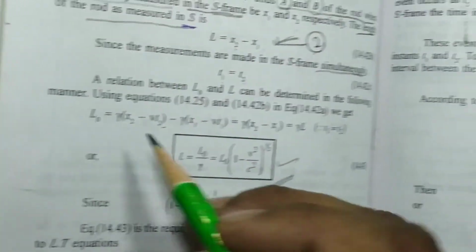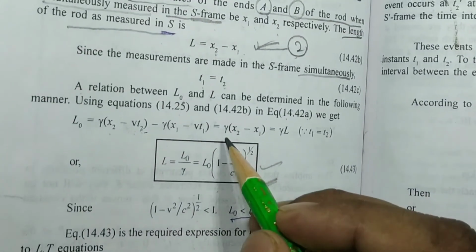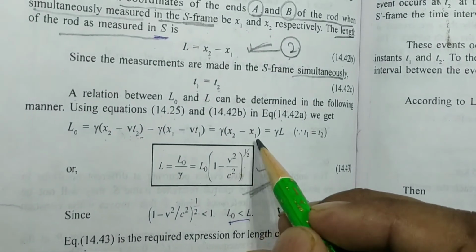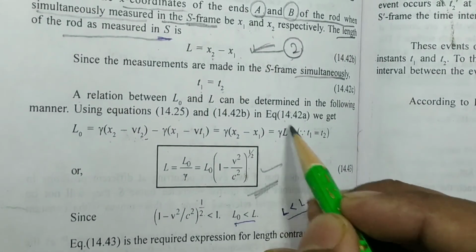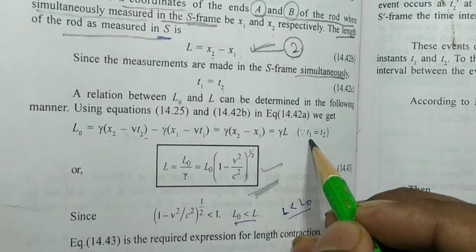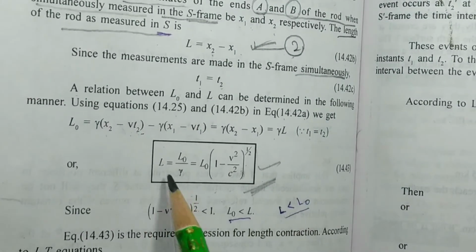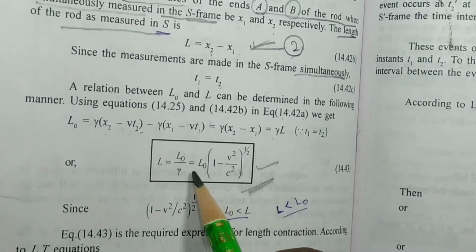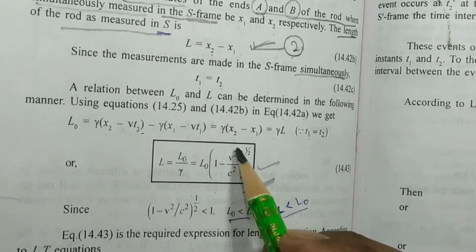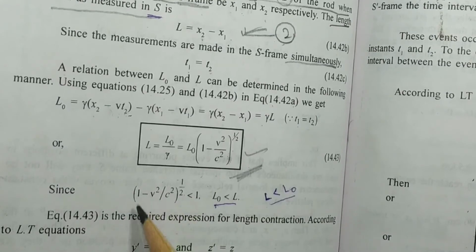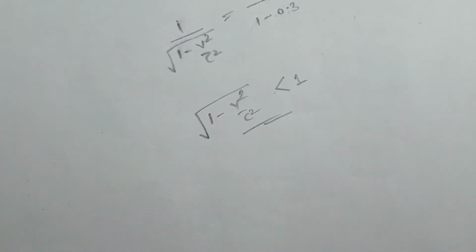So L0 equals this minus this equals gamma into (x2 minus x1) equals gamma into L because T1 equals T2. That implies L equals L0 by gamma, or L0 into the square root of (1 minus v square by c square). And we know that the square root of (1 minus v square by c square) is less than 1.